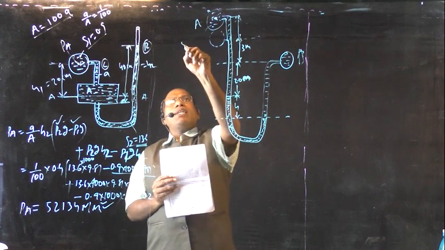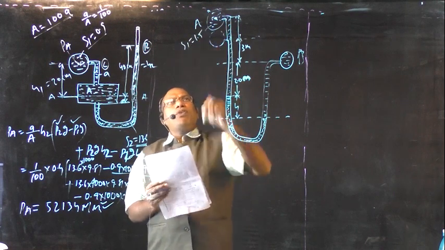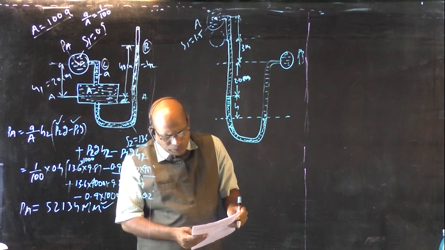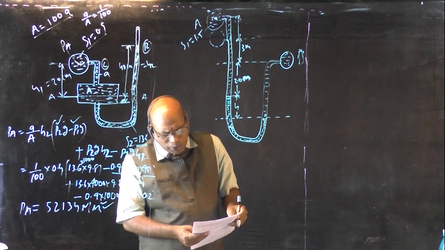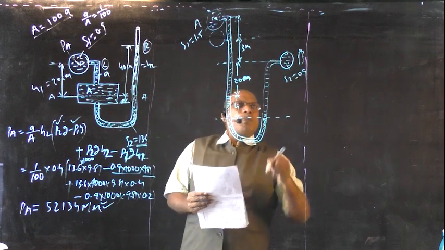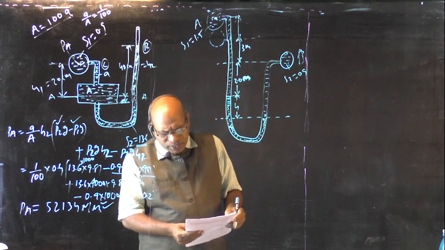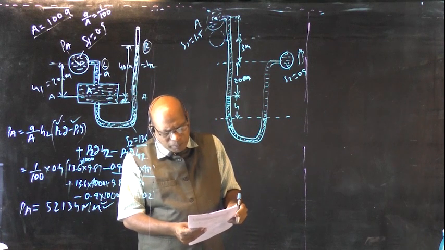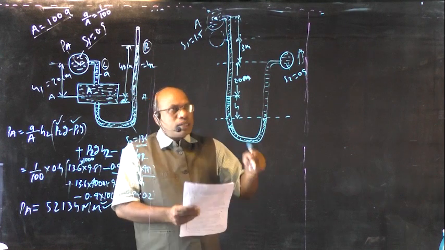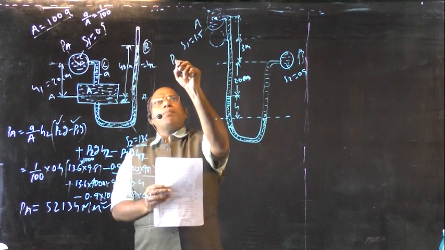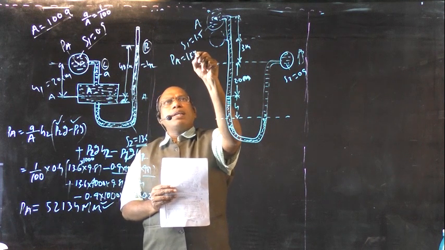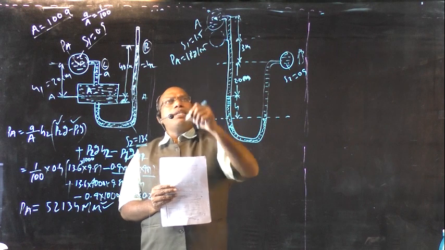Specific gravity S1 is equal to 1.5, while pipe B contains a liquid of specific gravity 0.9, specific gravity S2 is equal to 0.9. The pressure at A and B are 1 kg force per cm square. Pressure at A, PA, equal to 1 kg force per cm square.